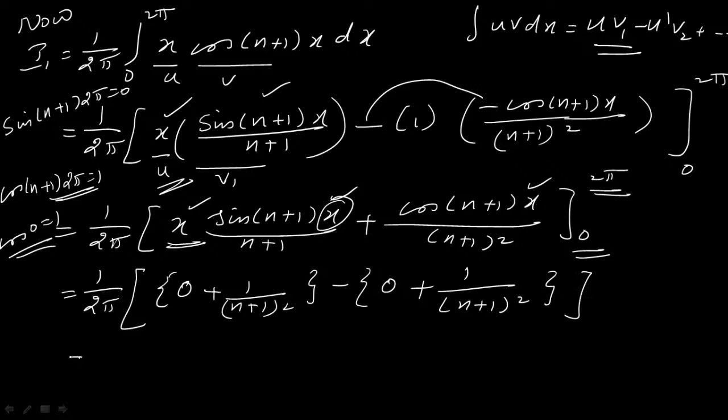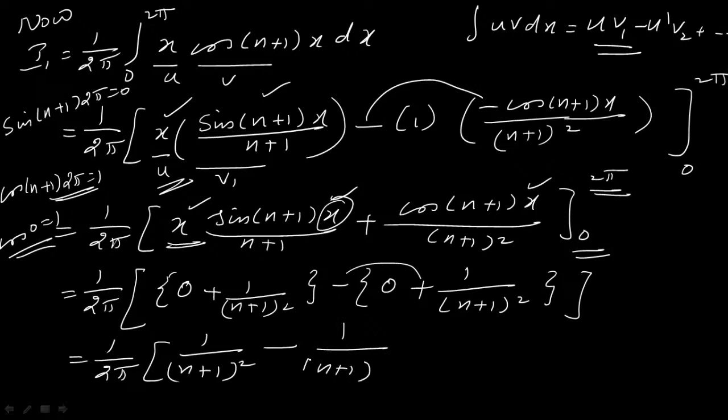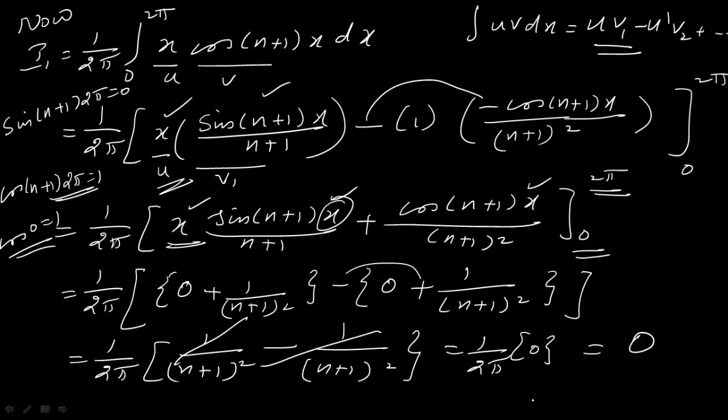Simplifying this, it is 1 by 2 pi, 1 divided by (n+1) the whole square, minus 1 divided by (n+1) the whole square. Same magnitude, opposite sign, so both terms cancel, right? So you get 1 by 2 pi of 0, that is equal to 0. So the I1 value we have obtained is 0.